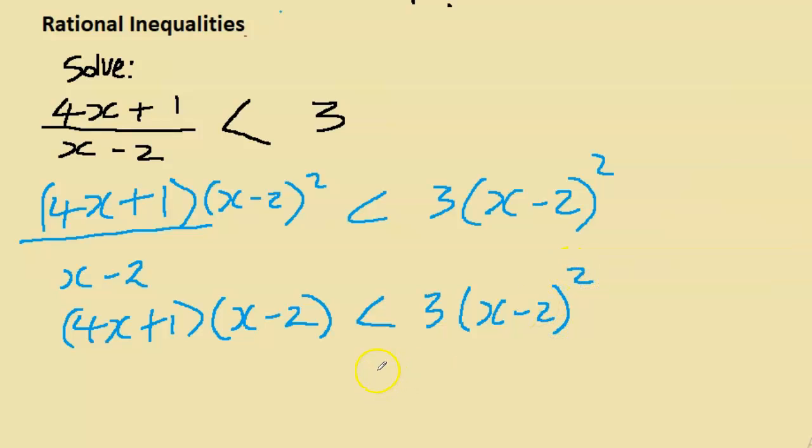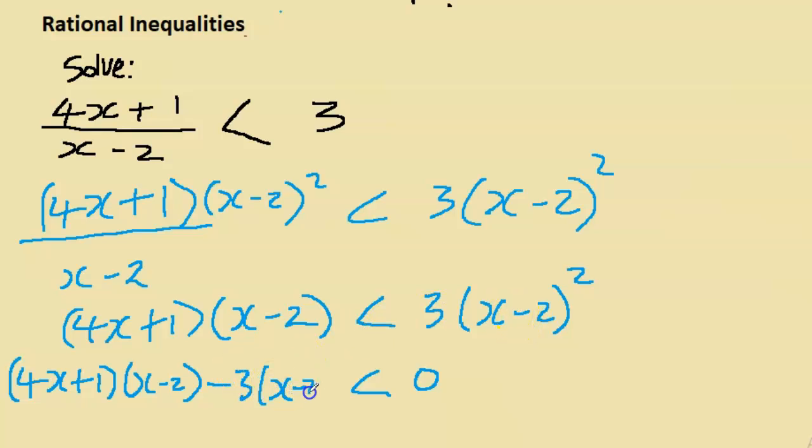And remember, we'd have to bring everything over on one side, so bring this over. We'll have 4x plus 1, x minus 2, and this term grouped over here would have negative 3 times x minus 2 all squared. Notice x minus 2 is a common factor, and since x minus 2 is a common factor, we can factor out the x minus 2.